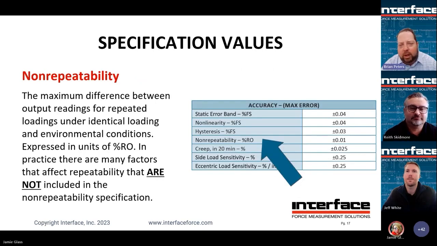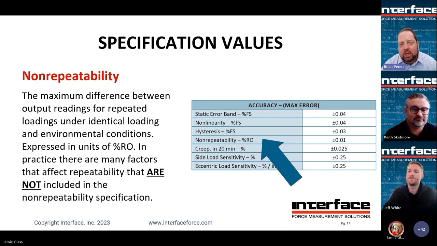So non-repeatability. Non-repeatability is essentially, as it says, how much a sensor will deviate if you test it over and over again. Now, the key to note here is that's in identical loading and environmental conditions. So everything is being held constant. Typically, it would even be in the same installation.